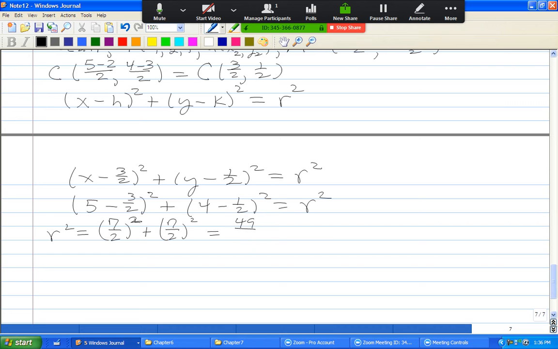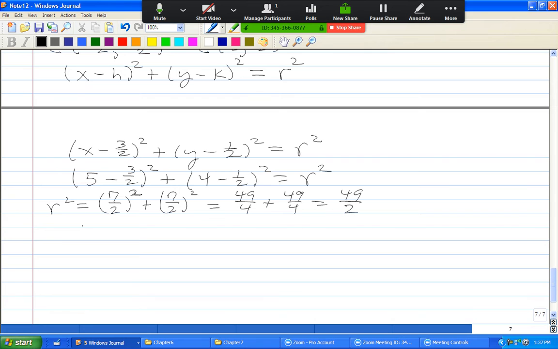So this is 49 over 4 plus 49 over 4 is 49 over 2. Okay. And so the equation of my circle is x minus 3 halves squared plus y minus 1 half squared equals 49 over 2.